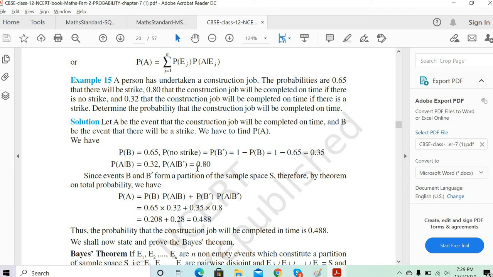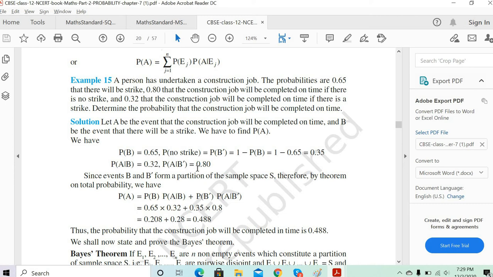Sir, am I allowed to make changes to this? Which changes you want to do? A part which I don't understand, like this data they've given. What is P B dash? B dash means there is no strike. That means like a head and tail.